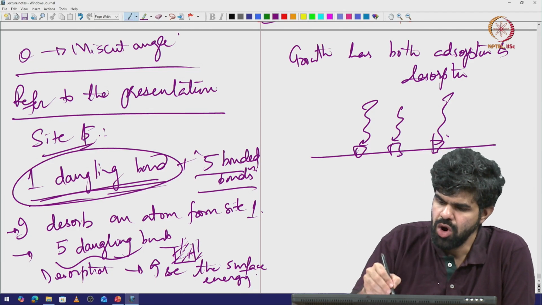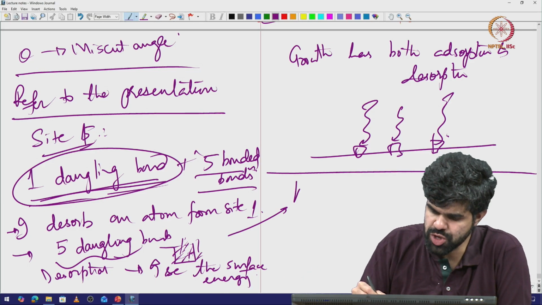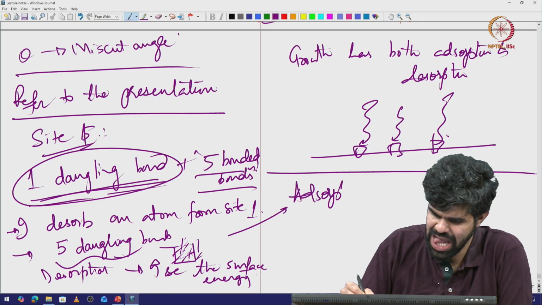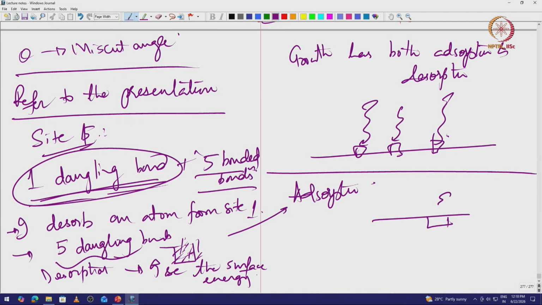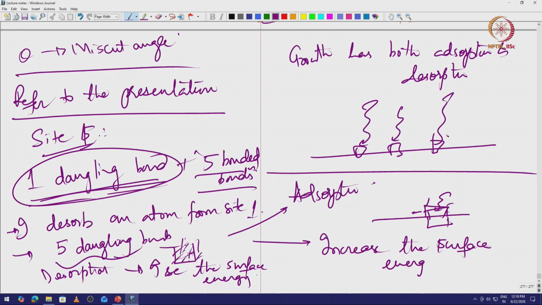Okay. Now, what about the process of adsorption? Adsorption means there is this site, the atom comes and gets stuck to that site. So, the process of adsorption is also going to create for me 1, 2, 3, 4, 5 dangling bonds. So, that is also going to increase the surface energy. Right.